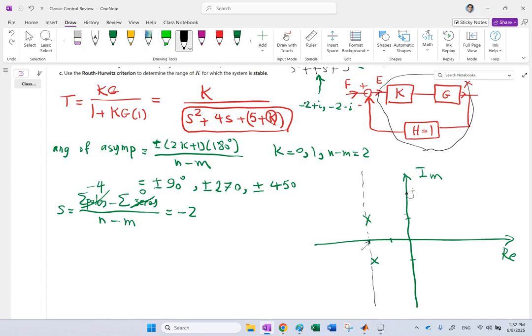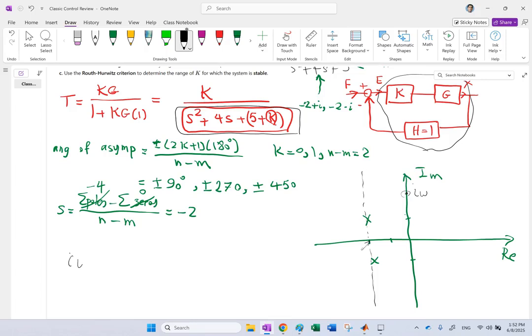Here I used I. So the question is, how much is that omega and how much is the gain for that point? In the characteristic equation, go ahead and plug in s equals I omega.